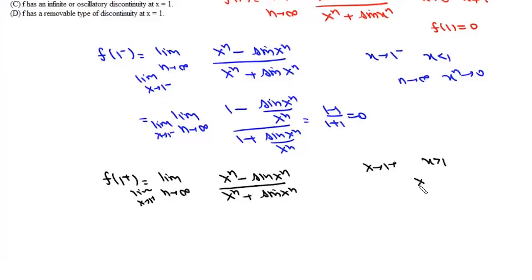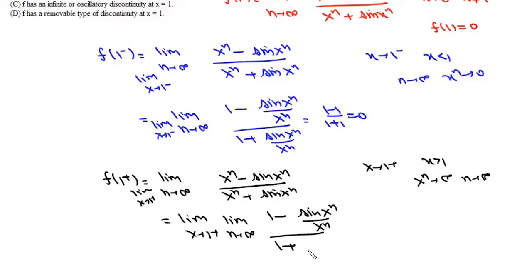X is greater than 1, that means x^n approaches infinity as n approaches infinity. So this is infinity upon infinity form. So what we'll do is we'll divide everything by x^n. So it will be this limit x tends to 1 positive, limit n tends to infinity, 1 minus (sin x)^n upon x^n, and this is 1 plus (sin x)^n upon x^n.